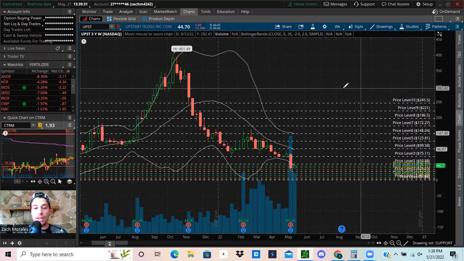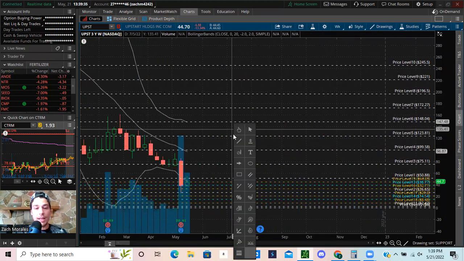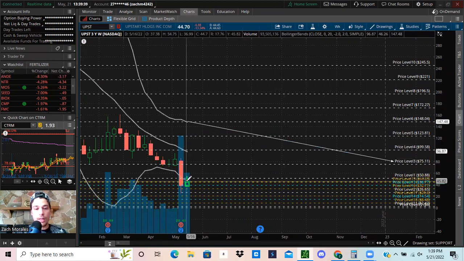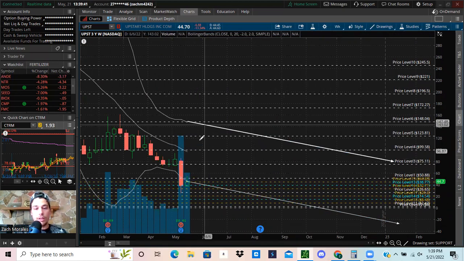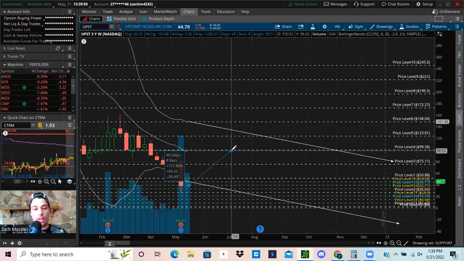What I think is going to happen is we're just going to continue squeezing on these, and we're going to keep heading in a direction like this with the Bollinger Bands, toward this area. And we're going to see the price action fall below, bounce up, and get rejected around the Bollinger Band here.